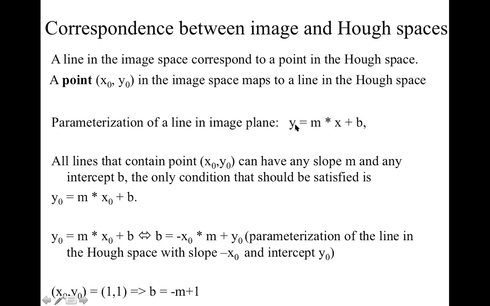If you replace y with 1 and x with 1, you obtain an equation in m and b, which is the equation in the parameter space that corresponds to the point x0, y0 in the image space.